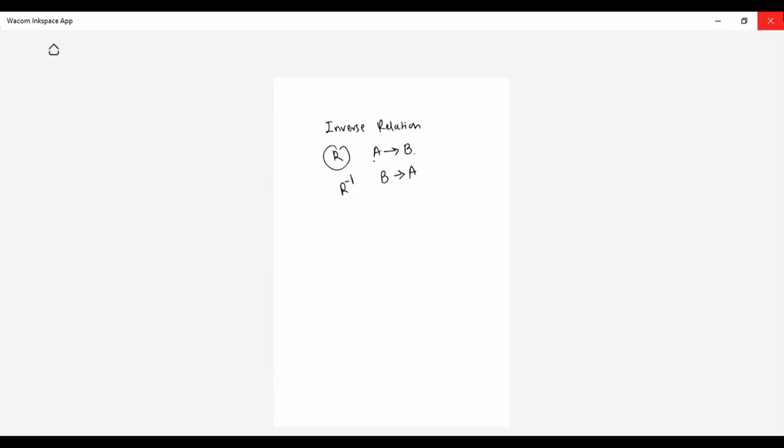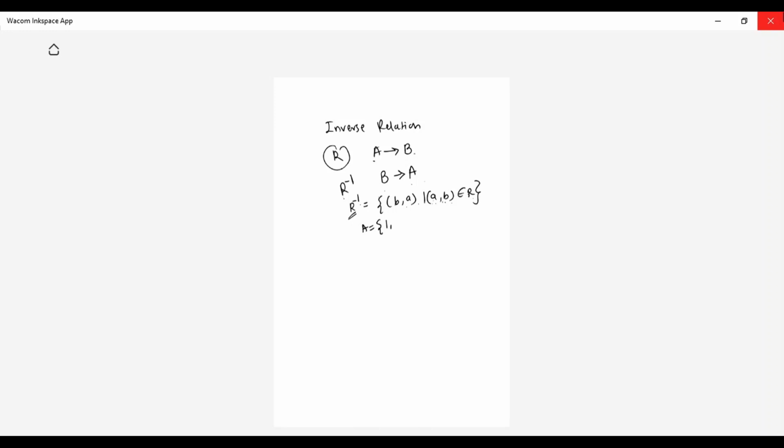So if from A to B I'm having relation R, then the inverse of R would be the relation from B to A. And how do I represent it? R inverse would be equal to (B, A) if (A, B) belongs to R. So if (A, B) belongs to R, then the inverse would be (B, A), because A to B is the relation R and its inverse is (B, A). Let's get a simple example, you will come to know.